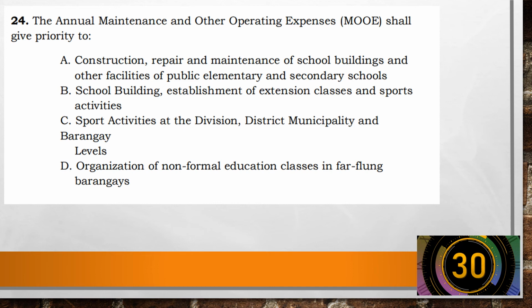Next, we have number 24. The annual maintenance and other operating expenses shall give priority to A. Construction, repair, and maintenance of school buildings and other facilities of public elementary and secondary schools. B. School building, establishment of extension classes and sports activities. C. Sport activities of the division, district, municipality, and barangay levels. D. Organization of non-formal education classes in far-flung barangay.